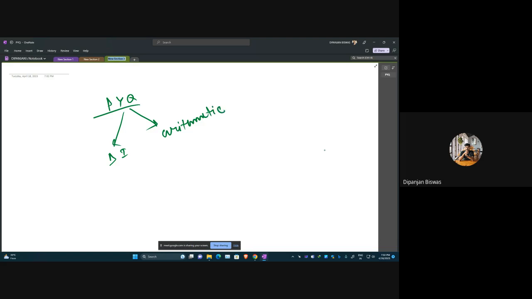Even in arithmetic, there are a lot of subsections like time and work, time, speed, distance, and whatnot. But questions were asked from mainly two subcategories. One was profit and loss, another was time, speed, and distance. The questions were mainly formed from these two sections.